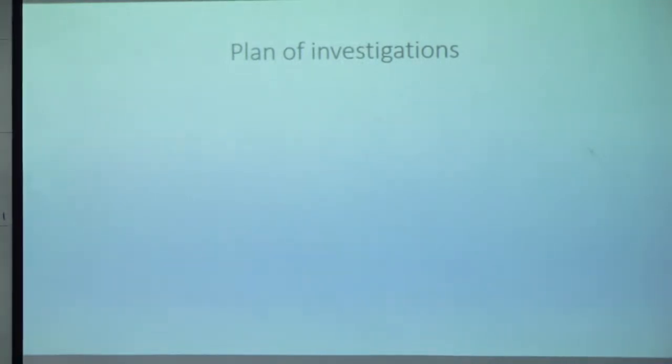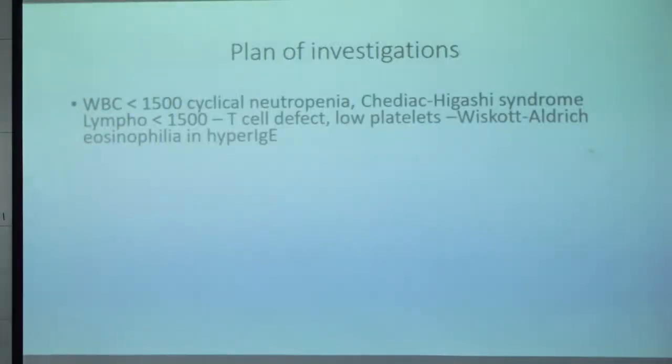Having said how a clinician suspects this, let me talk about how you screen the child who is suspected clinically based on all this. And what do you do really? The first is, of course, the CBC.